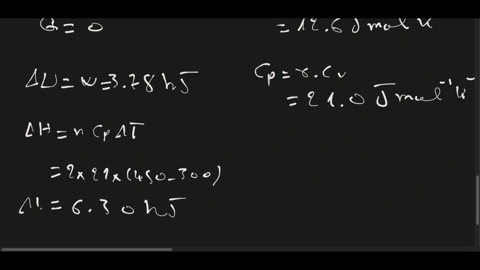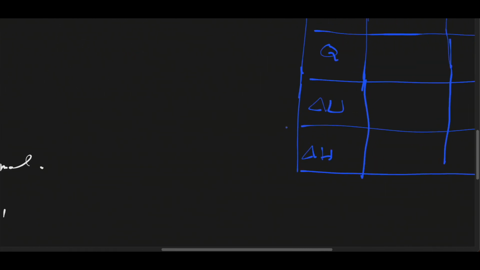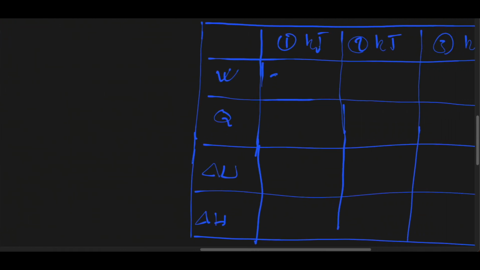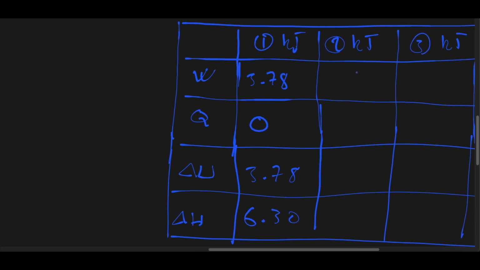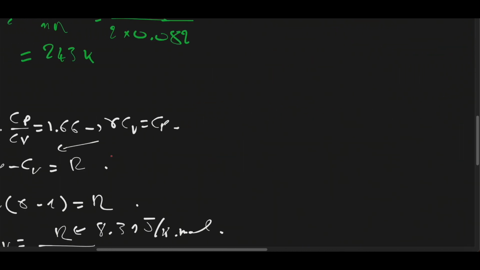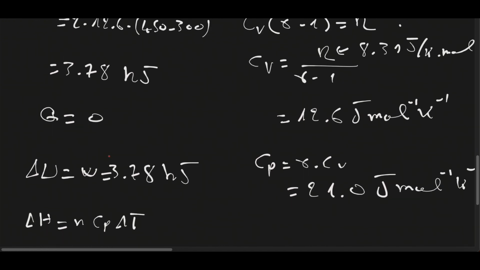There are these values. So we can fill the first column here. We have work, which is equal to 3.78, heat 0, 3.78, and 6.30. Now let's move on to the second step.